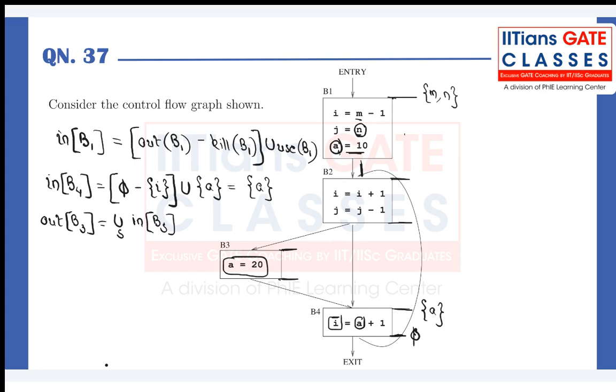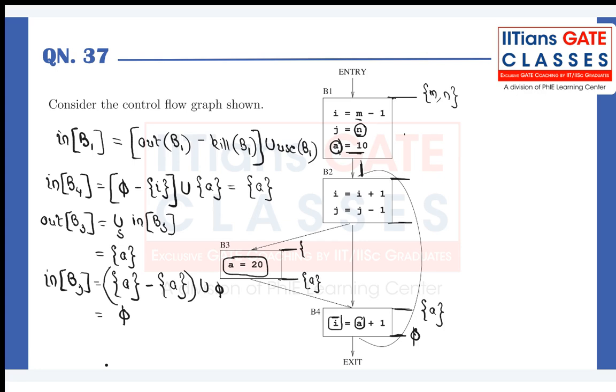So it is nothing but in of B4, which is A. Now tell me, if I want to calculate the in of B3, out of B3 is A, minus you are killing A, because you are defining A in the basic block B3, and you are not using anything, so it's 5. So in of B3 is 5. Out of B3 is A, in of B3 is empty.